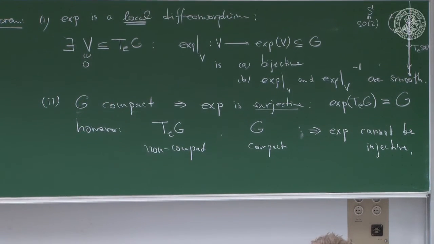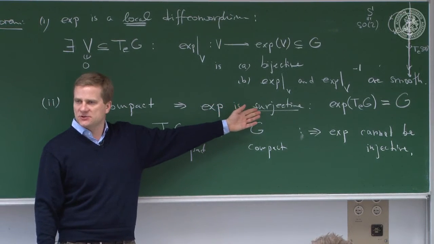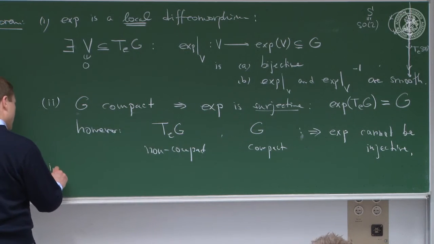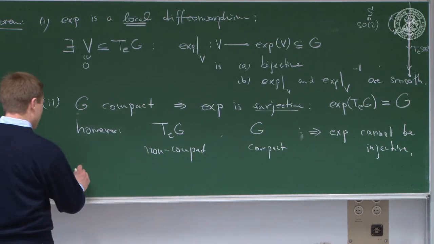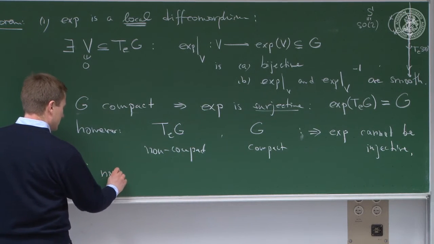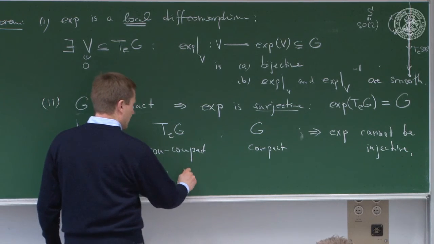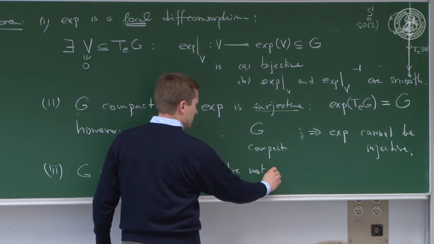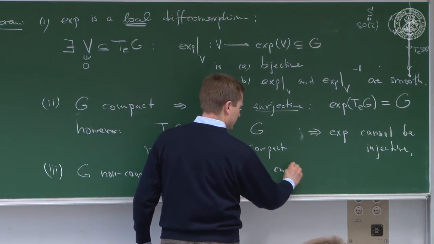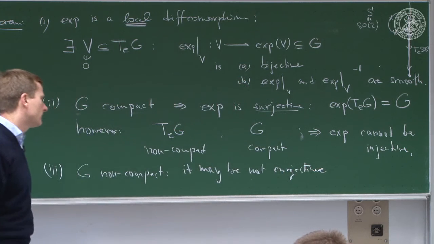Okay, so that's if G is compact. Now, if G is non-compact, it need not be surjective. So let me, well, that's a non-result. Nevertheless, let me state it as a non-result. So if G is non-compact, it may be not surjective, right?